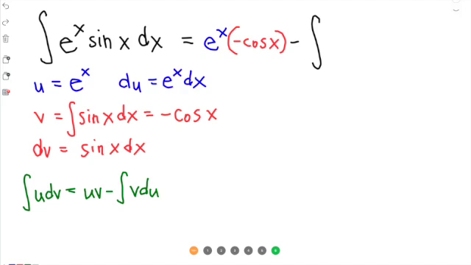V is, let me correct this. Oh yeah, that's correct. I'm sorry. That's uv. And v, we will just write it here again. That would be negative cosine x multiplied by e^x dx.